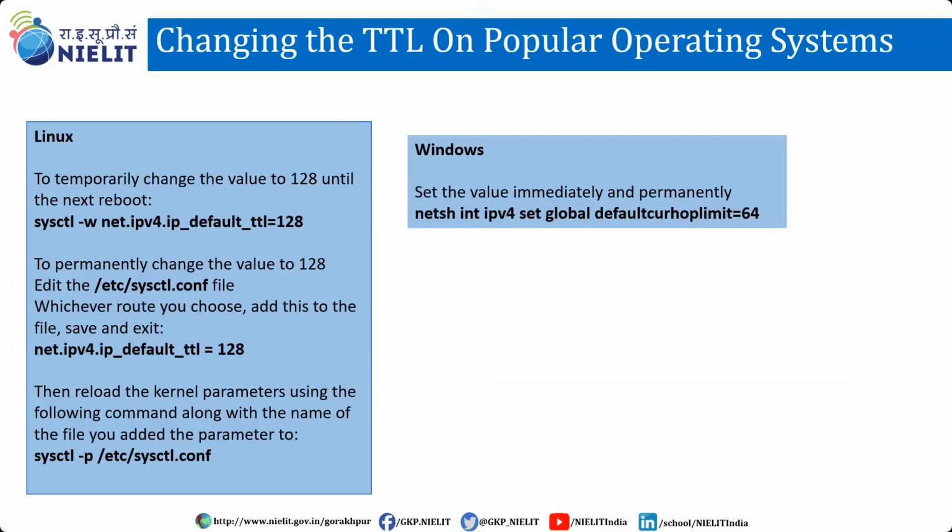We can change this value to 64 so that an attacker or some user who is trying to guess the operating system will have a false interpretation that the target machine is a Linux machine, because the Linux default value is 64 and the Windows default TTL value is 128. So if a Windows administrator has changed it to 64, an attacker trying to guess the operating system will wrongly conclude that the target machine is running Linux.